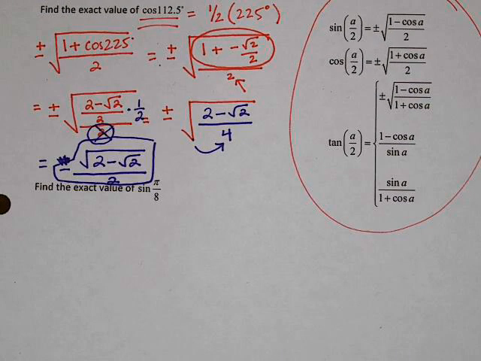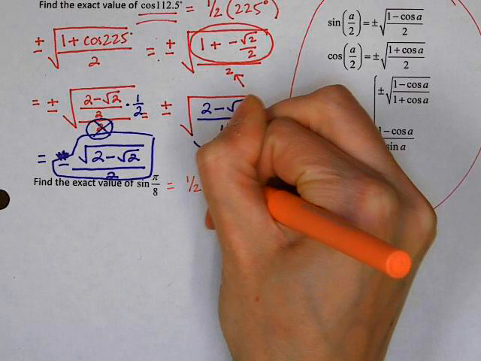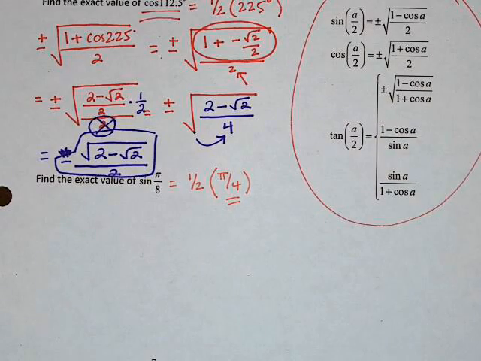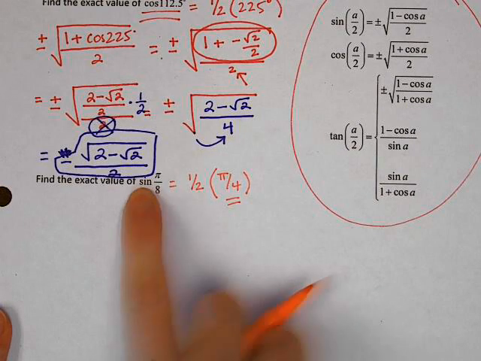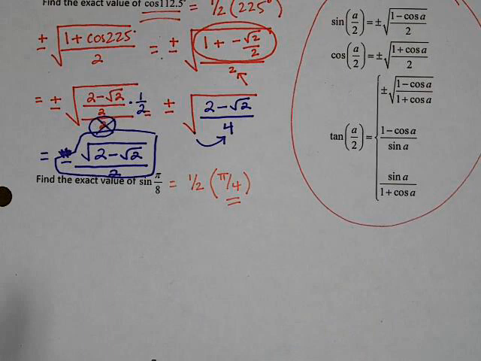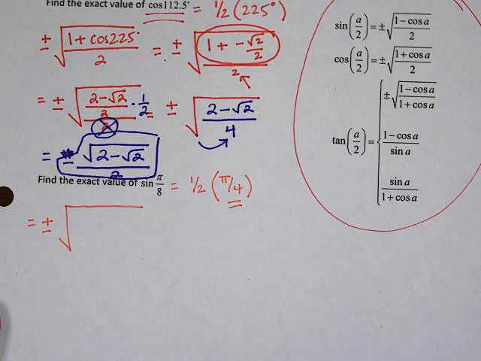Okay, number 2. Same thing. Pi over 8 is not on the unit circle, but pi over 8 is just half of pi over 4. And pi over 4 is on the unit circle. So we can use the sine half angle with pi over 4. All right, so plus or minus square root.